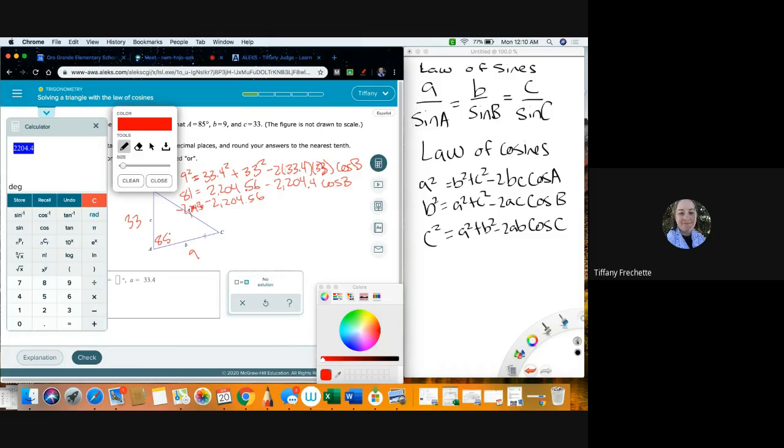I'm running out of room. So we're going to go 81 minus 2,204.56 equals negative 2,123.56 equals, when these cancel, all that comes down is the negative 2,204.4 cosine of B. And we're going to divide by that negative 2,204.4 to get cosine of B all by itself.